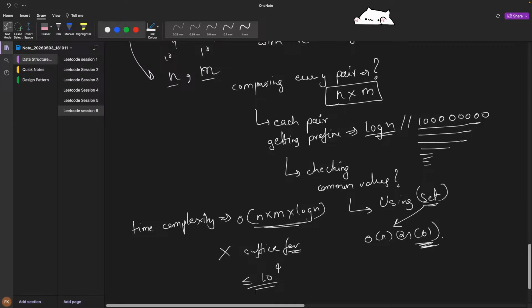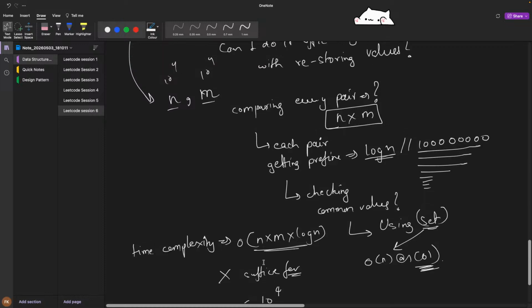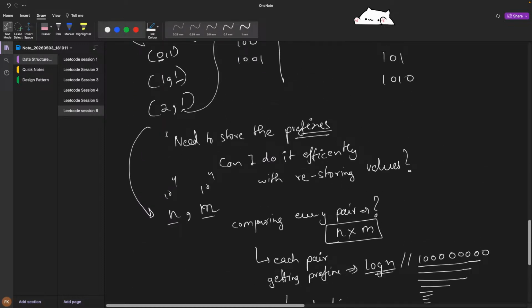We need a better approach. So just like I said, we need to store it efficiently.